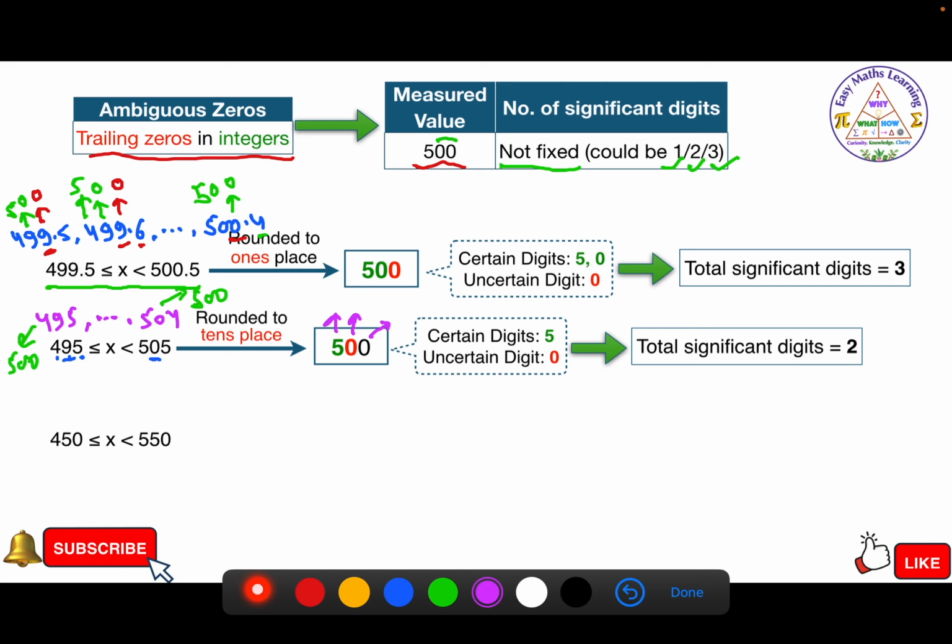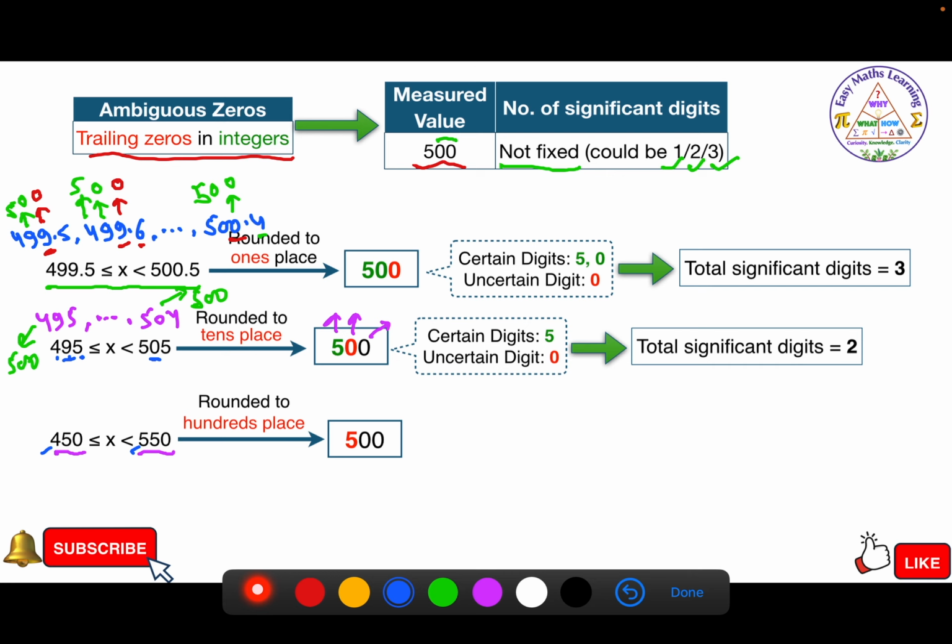Finally, suppose the value lies in the interval between 450 and 550. Okay, so in this case, the measured value 500 is obtained when the true value is rounded to the hundreds place. The hundreds place is this one, and here it is 5.